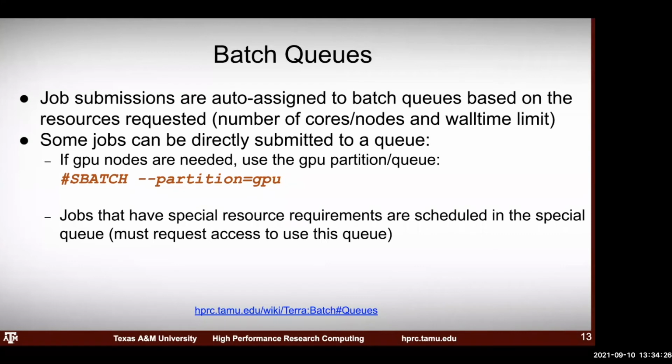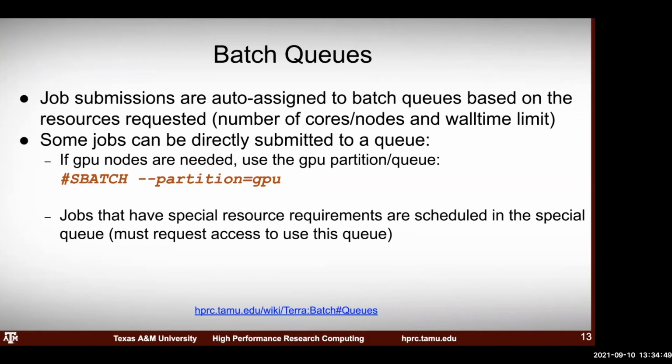GPUs in SLURM speak, in the job scheduler world, exist as special resources attached to the nodes. So there's a line where you request a specific resource, and I have some syntax for that in a second. Jobs that have special resource requirements are scheduled in the special queue.